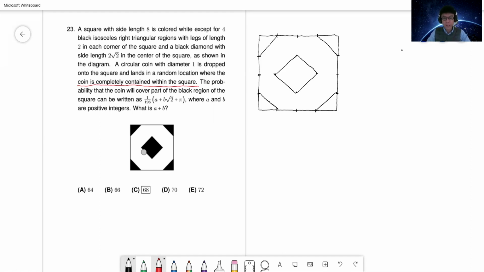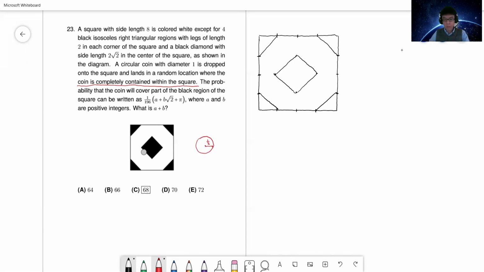So first, let's find the admissible region for the center of the coin to be dropped, because the coin must be completely contained in the square, so it's at least 1/2 away from the boundary. The coin has radius 1/2, diameter is 1, so radius 1/2.